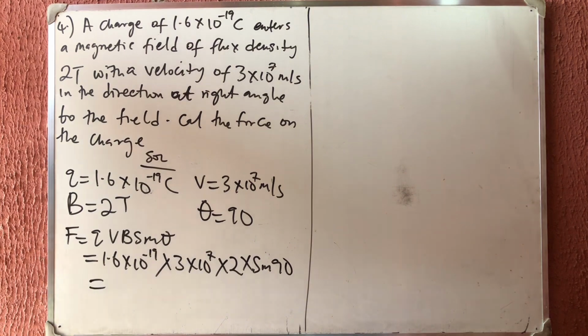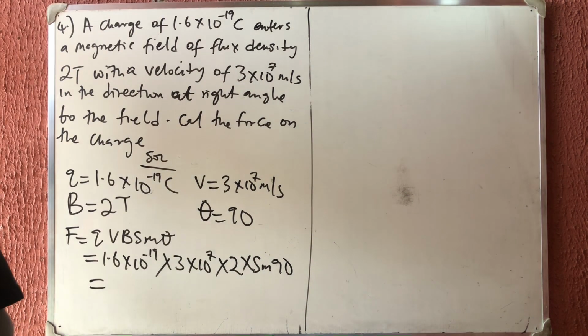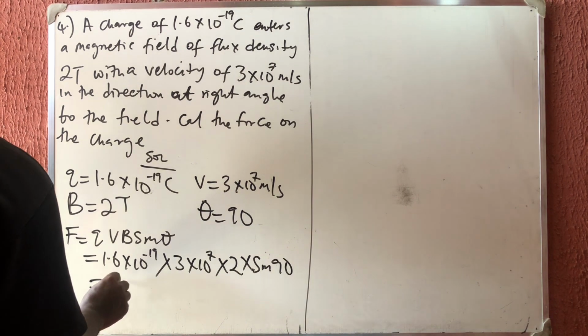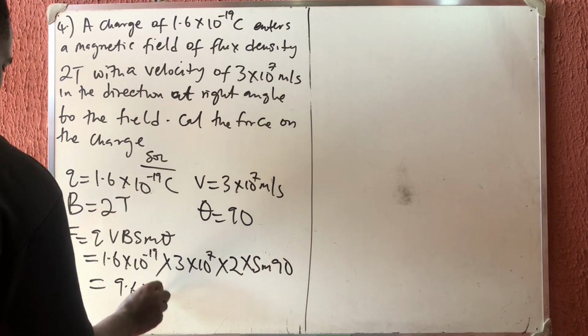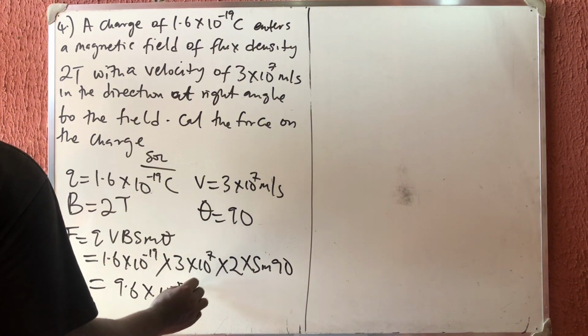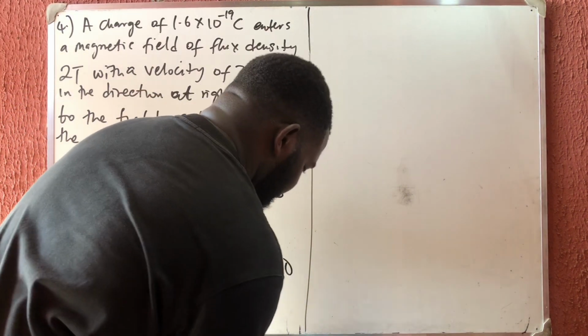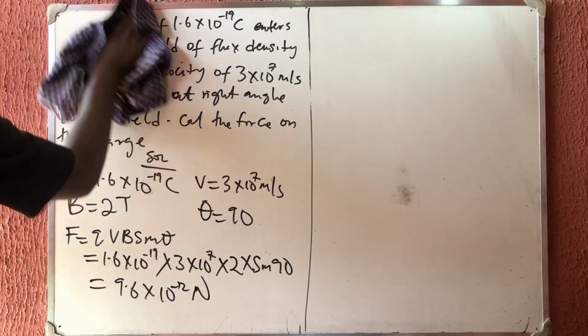Sine 90 is already 1, so I have 1.6 times 3 times 2, which is 9.6. So I have 9.6 times 10 raised to power minus 12 in Newton. So that is that. We move over to the next question, question number 5.